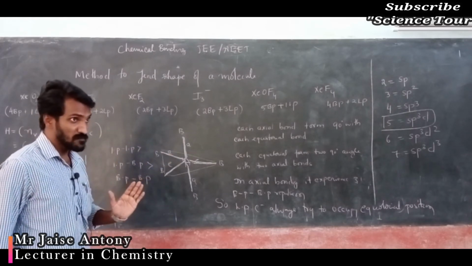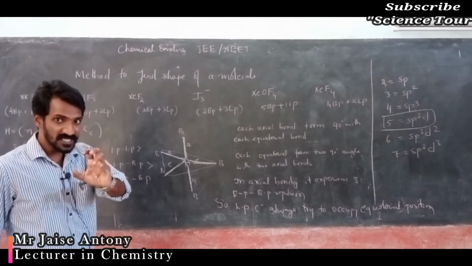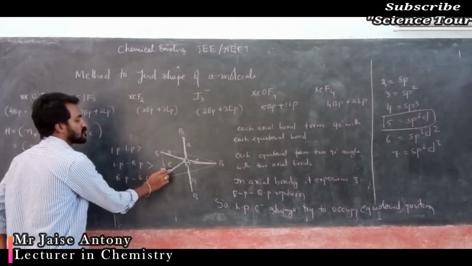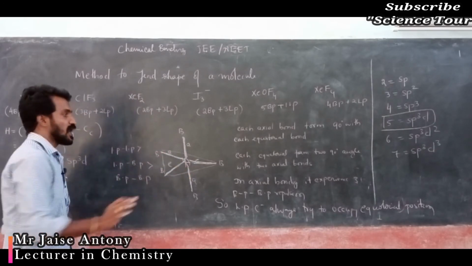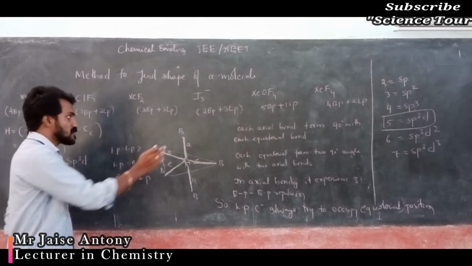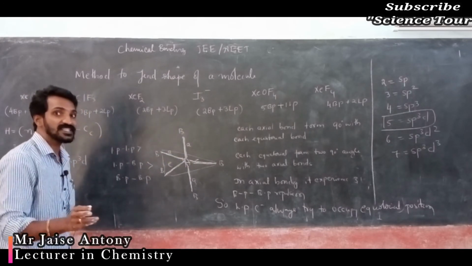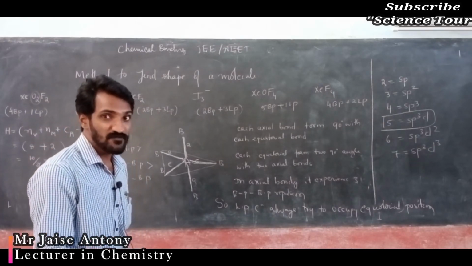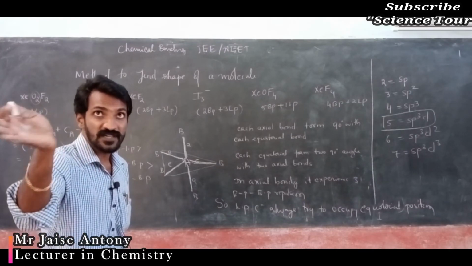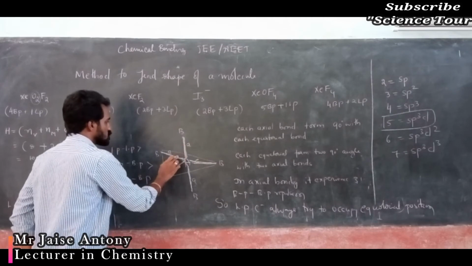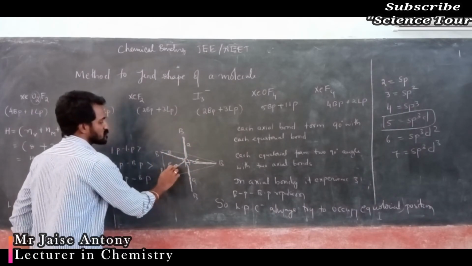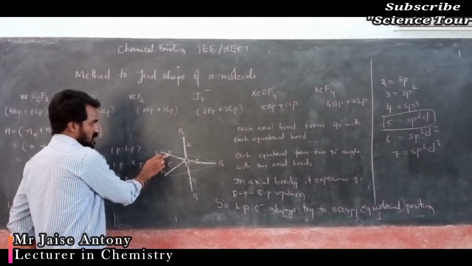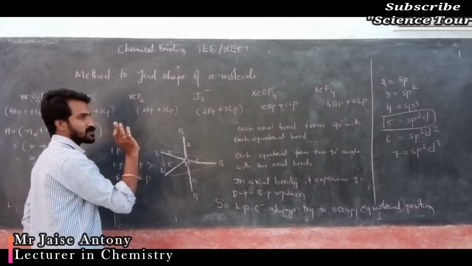So always, to avoid this repulsion, if there is any lone pair, it prefers the equatorial side other than axial. Why? Because axial experiences more repulsion. An axial bond experiences repulsion from 3 sides: 1, 2, 3. But an equatorial bond experiences only 1, 2 repulsions, from only 2 axial bonds.